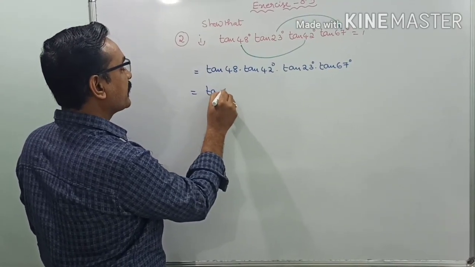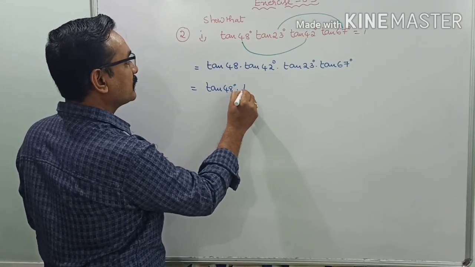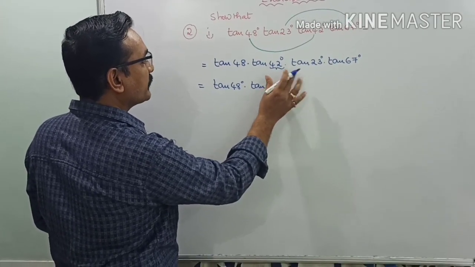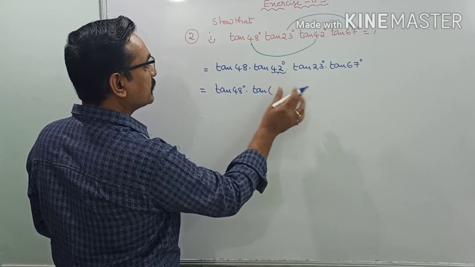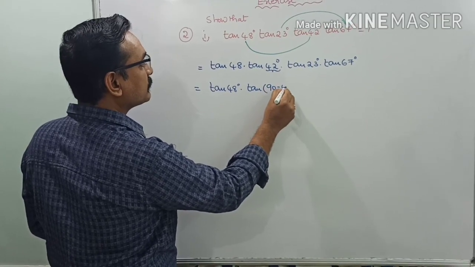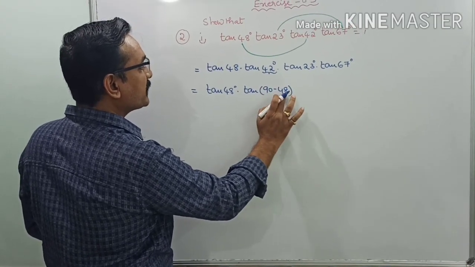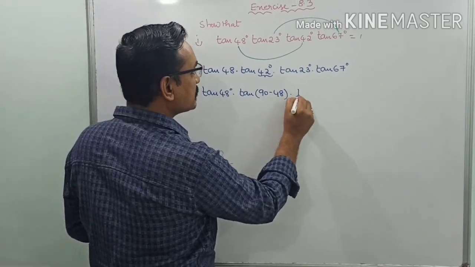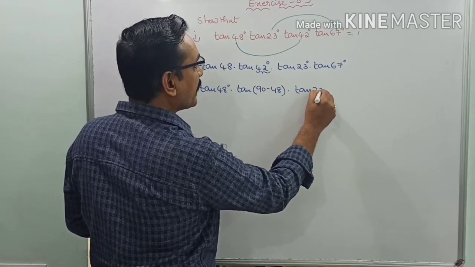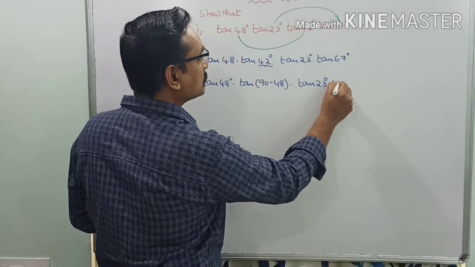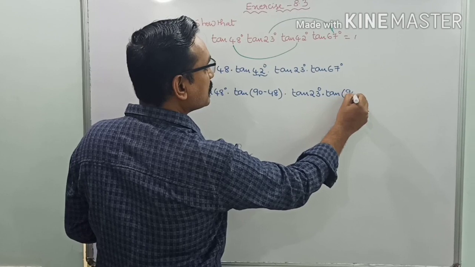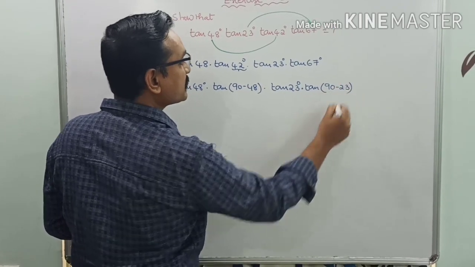Now tan 48 into tan, instead of 42, replace with 90 minus 48, which equals 42 degrees. Similarly, tan 23 degrees into tan, instead of 67, write 90 minus 23.